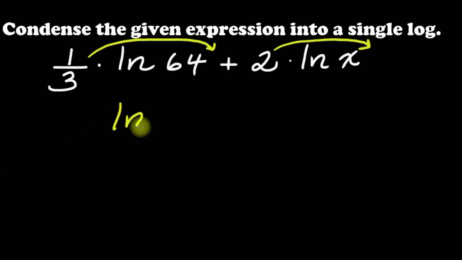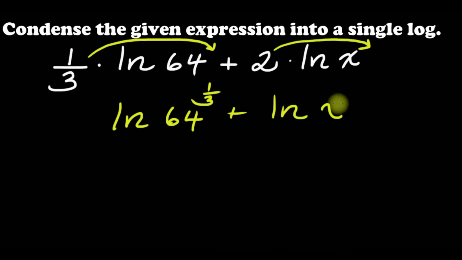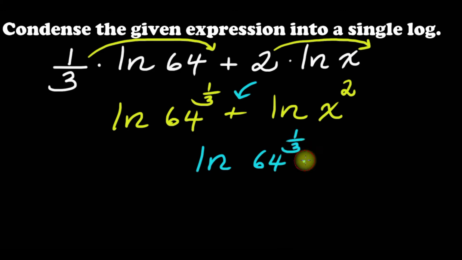You've got ln 64 to the 1/3 plus ln of x to the second. So continue to condense here. This is going to be ln of 64 to the 1/3 times x squared.